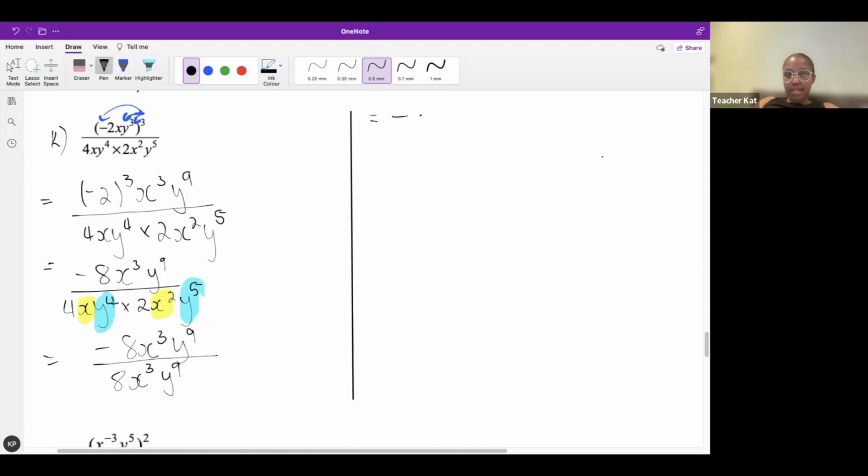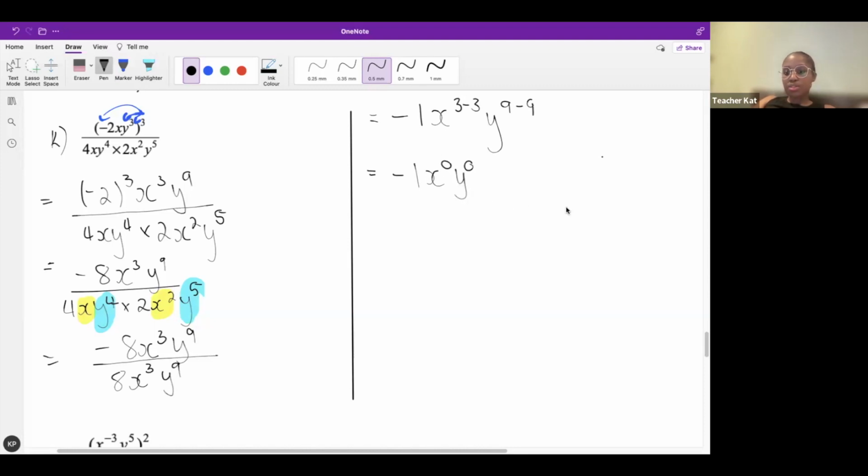8 divided by 8 is a 1. Then it's x to the power of what minus what? Three minus 3, and y to the power of 9 minus 9. This will then give us negative 1 times x to the power of 0 and y to the power of 0.